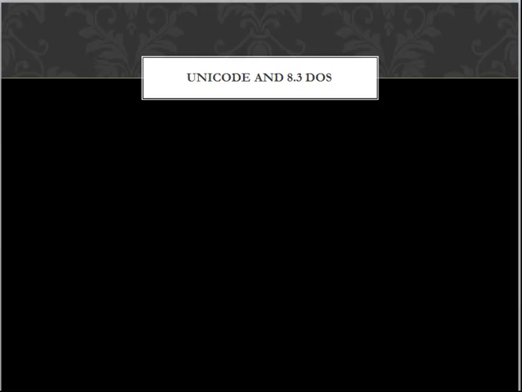Okay, so Unicode and 8.3 DOS. Basically, what this is for in NTFS is that you're able to use any character that you want to name a file, and it doesn't have to be in the English-based ASCII character set. So you can use anything from Cyrillic to Hebrew, whatever.